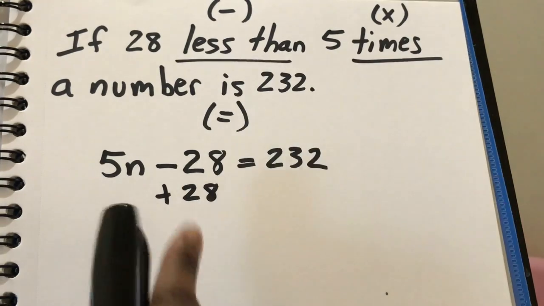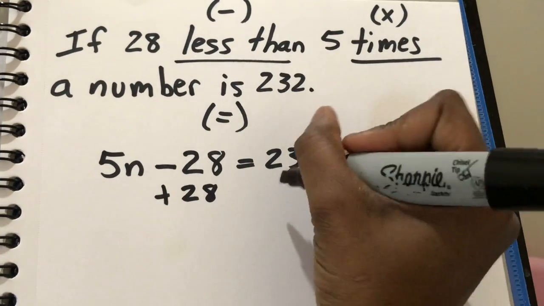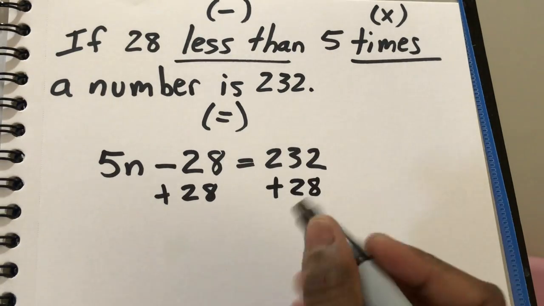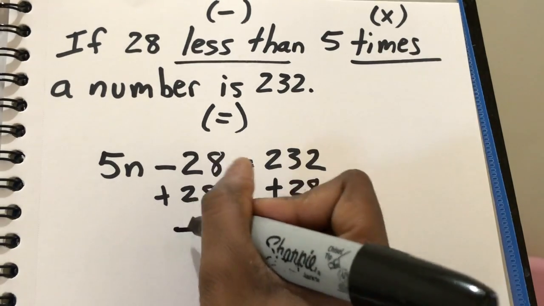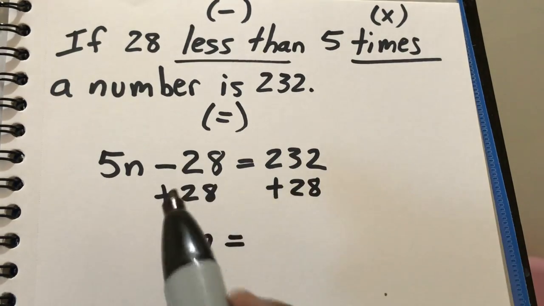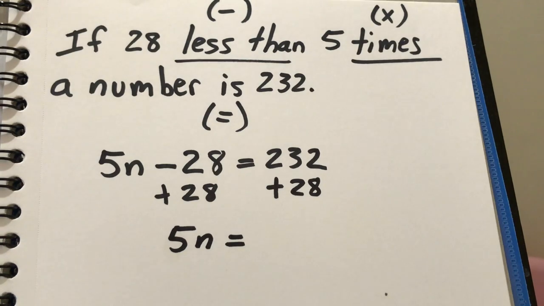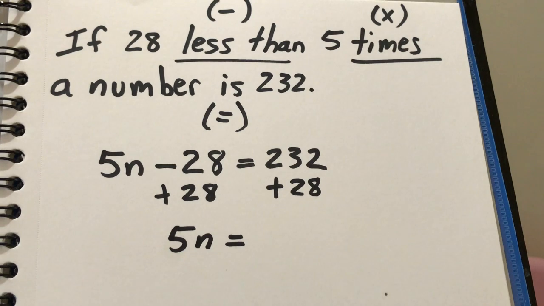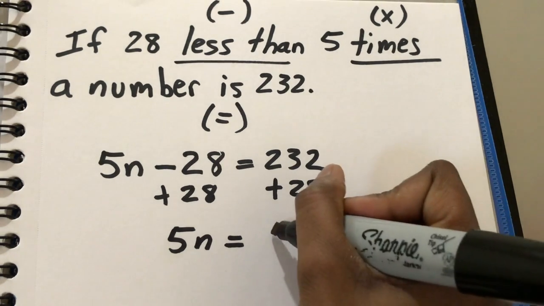If we add 28 to this side, we also need to add 28 to the other side. Whatever you do on one side, you have to do on the other. 5n equals, because 28 minus 28 is 0, 5n equals 232 plus 28, which would give you 260.